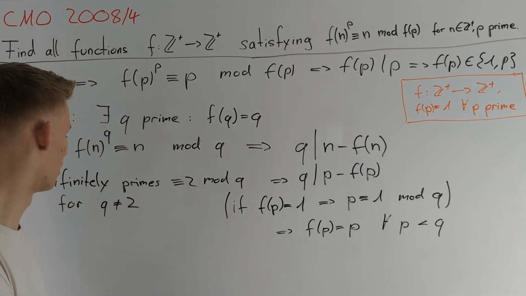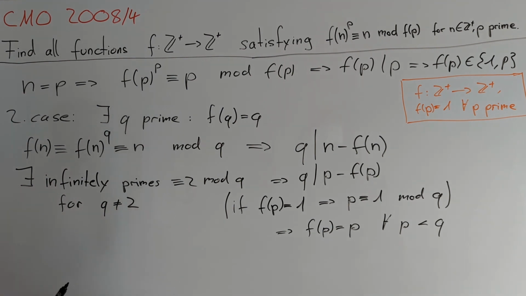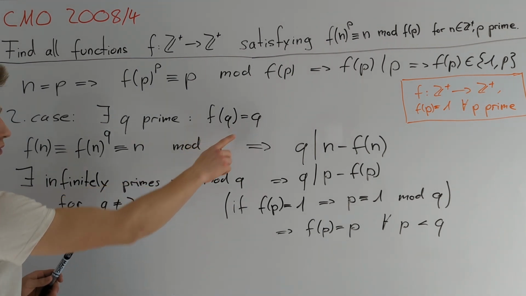Let's have at first a look at the particular case where q equals 2 is the only prime number satisfying f(q) is equal to q.